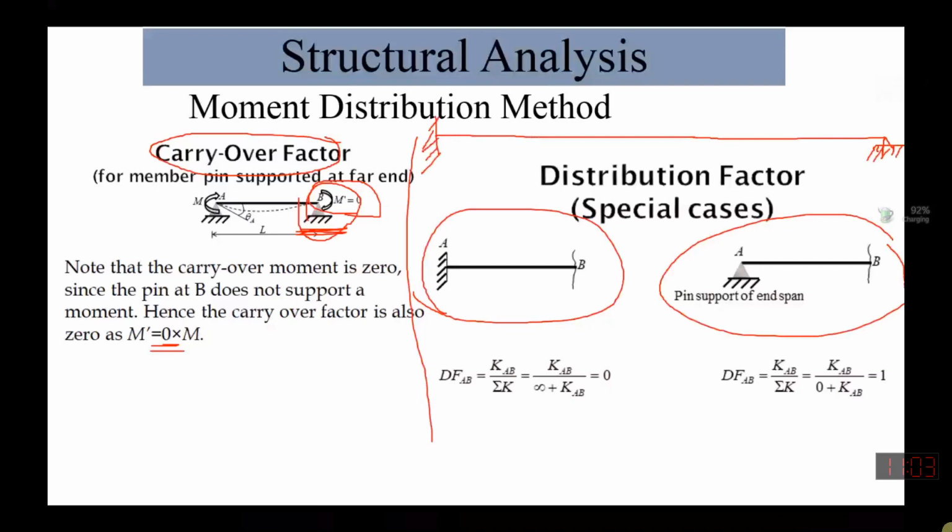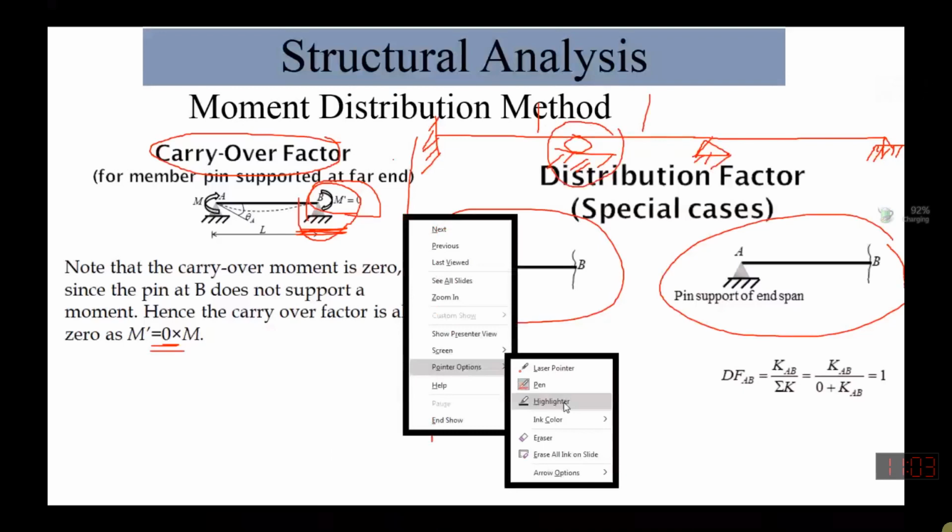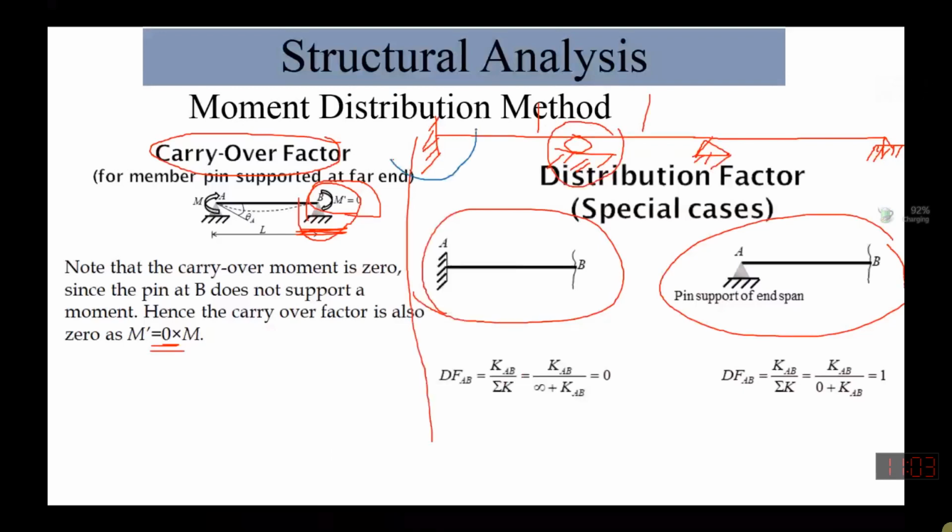In between, let's say you have rollers, and you have again hinge. Here you can find the distribution factor at this end very easily: whatever the stiffness over here, whatever the stiffness over here, take their total sum, and you can find the distribution factor. But at this joint on the far end, you know the stiffness at this part, but what is the stiffness on this end?